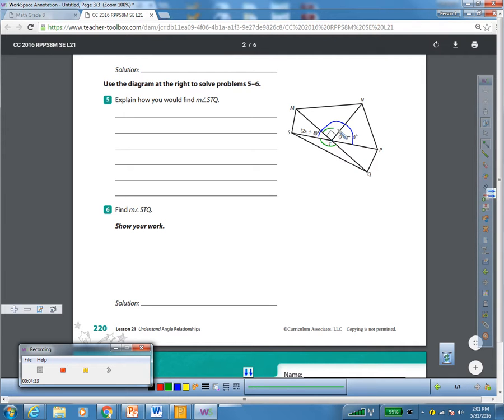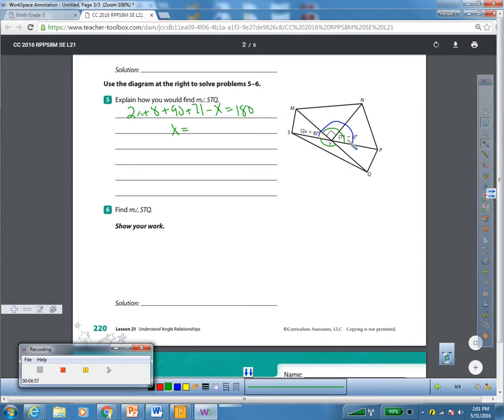It's vertical to this one up here. So we'd want to figure out what X is first. We'd set up an equation because all three of these angles together equal 180. So I'd add up all three of these angles together to equal 180. And then from there I could go ahead and solve for X, you would explain.